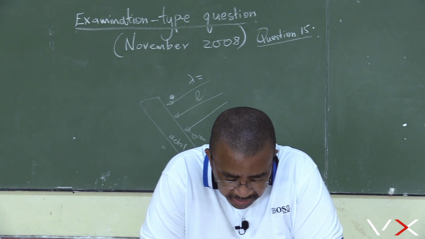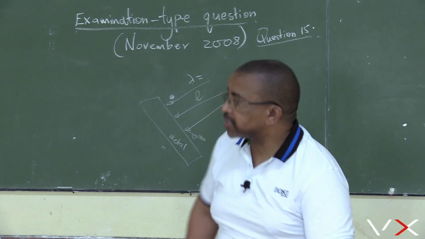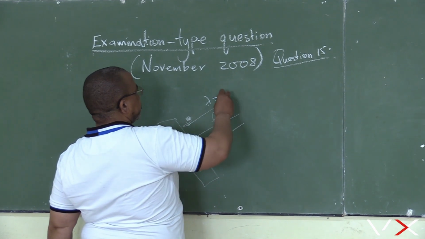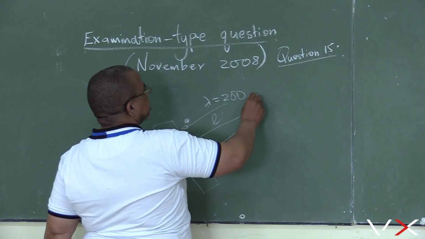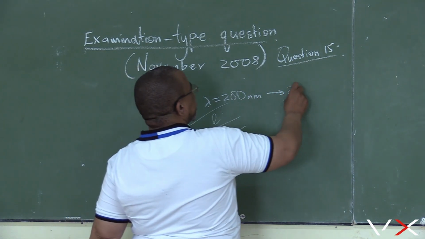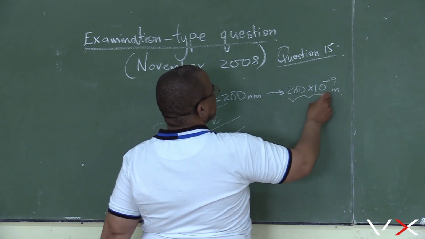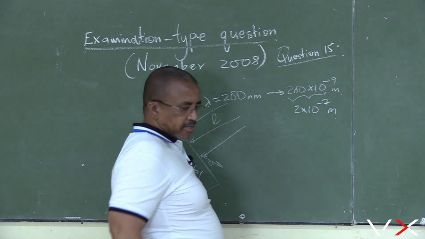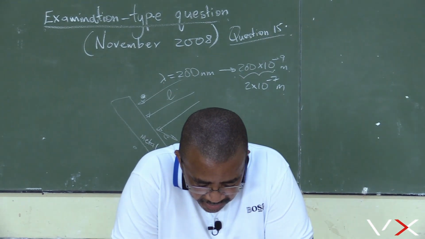15.2. A metal plate is irradiated with electromagnetic radiation of wavelength 200 nanometers, which is 200 times 10 to the power minus 9 meters, or 2 times 10 to the power minus 7 meters.